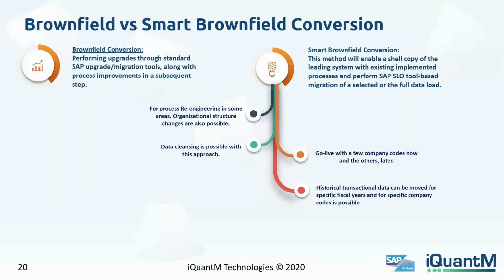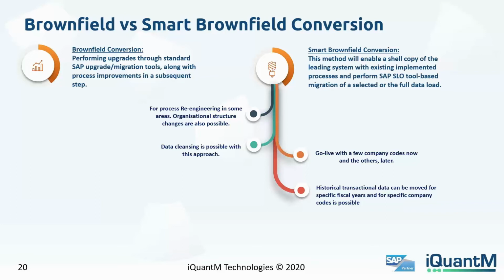So I would like to touch upon the difference between a brownfield and a smart brownfield conversion option. The traditional system conversion is called brownfield. You use the standard tools offered by SAP, and you do a system conversion using your software update manager and your DMO tool.